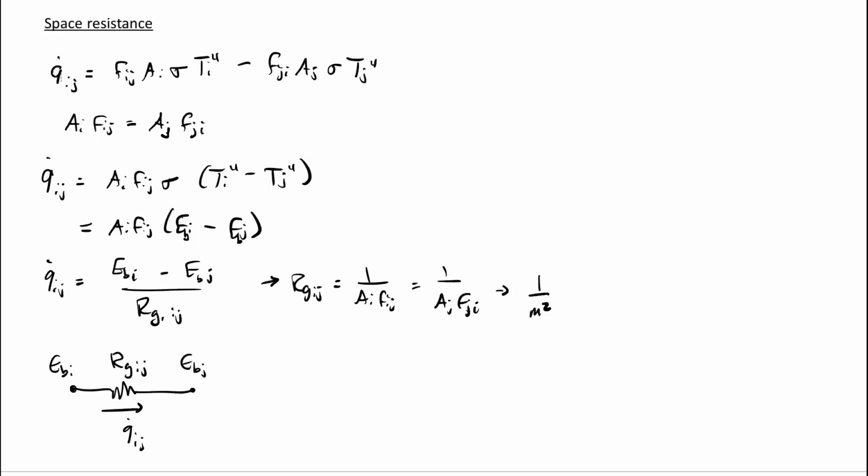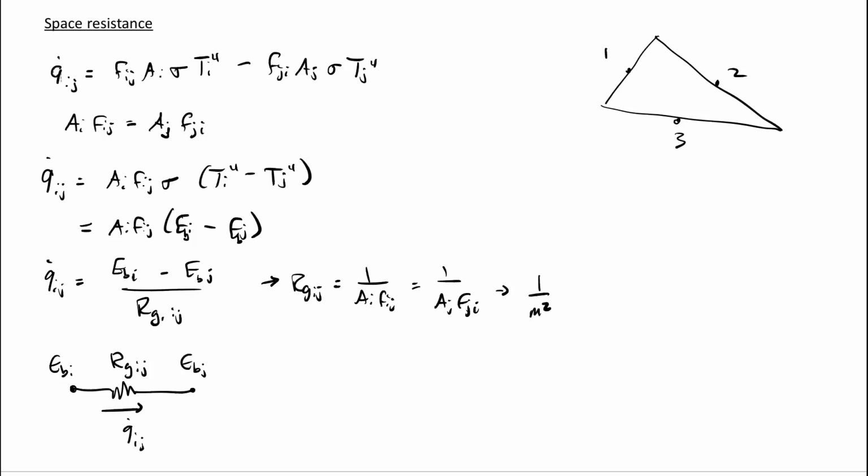So let's think about how we would use a resistance like this when we are analyzing these radiation problems. Let's say we've got some triangular three-surface enclosure. Let's call this one 1, this one 2, this one 3. If I'm going to characterize this using a resistance network, I have to think about all the surfaces and how they can all interact with each other.